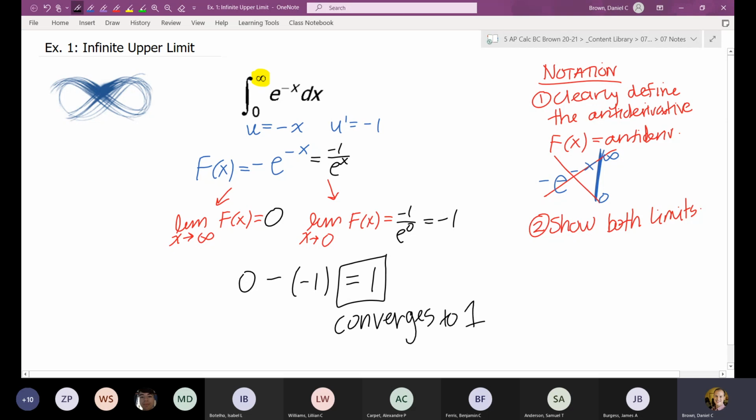I think it's a -1 there, but it converges to +1. Those are the steps that you would have to show: clearly showing the antiderivative, showing two limits, and then showing where you do the top limit minus the bottom limit, and what that would be equal to. Questions on those steps or that problem?